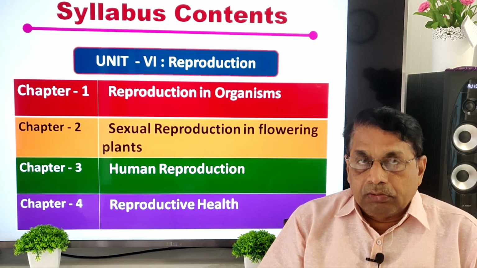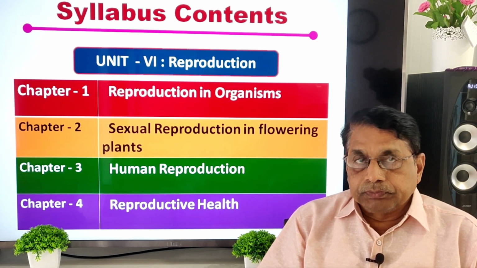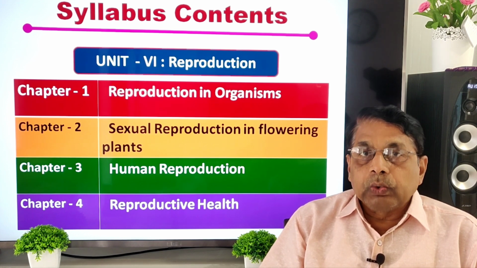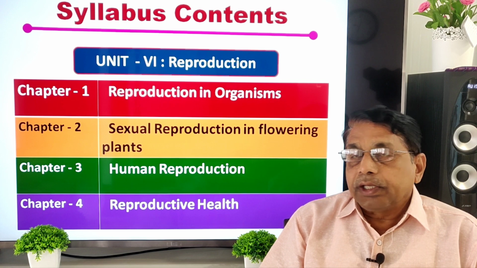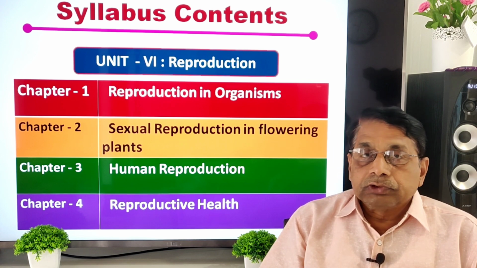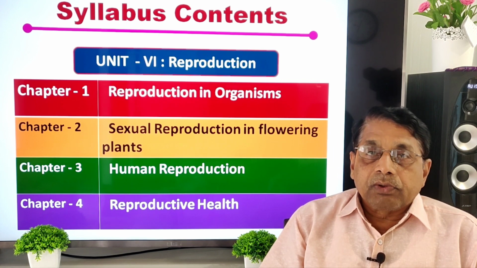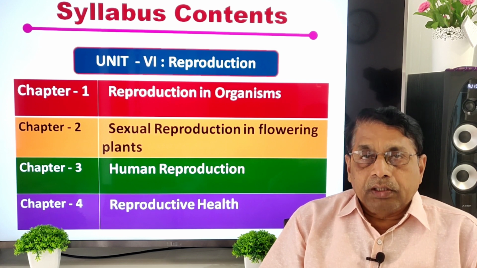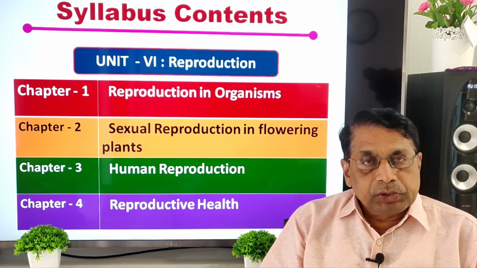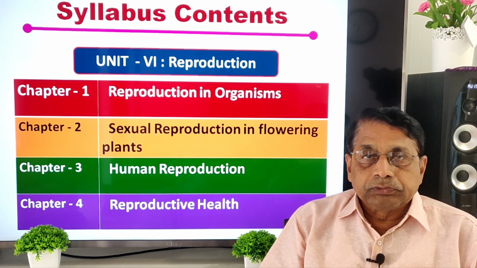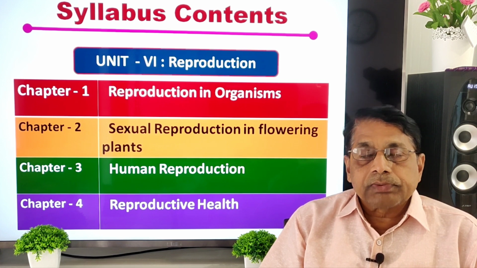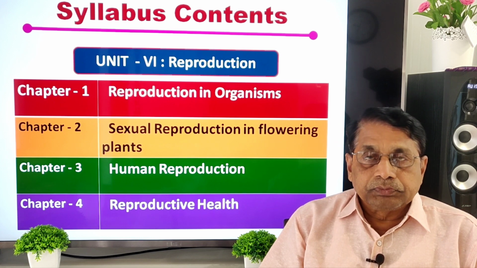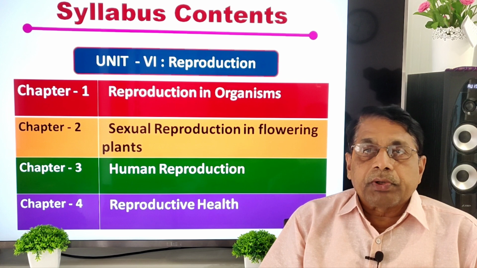The general description is right from unicellular organisms to higher plants and higher animals. What are the different modes of reproduction? We find vegetative reproduction in lower plants and lower animals, then asexual reproduction, and sexual reproduction.